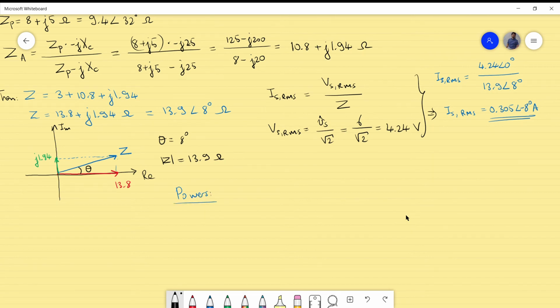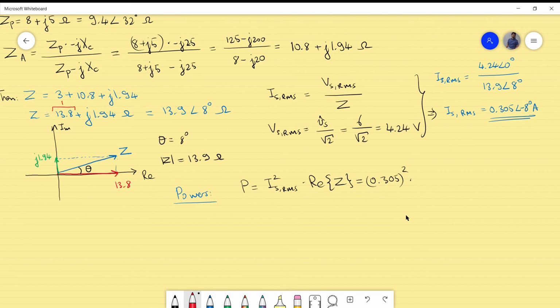So for P, the real power or the true power, we know it is IS RMS squared times the real part of the total impedance, and I will ignore the phases, which is not interesting at the moment, only for the power factor. So 0.305 quantity squared times the real part, which is this. Actually, this is the real part.